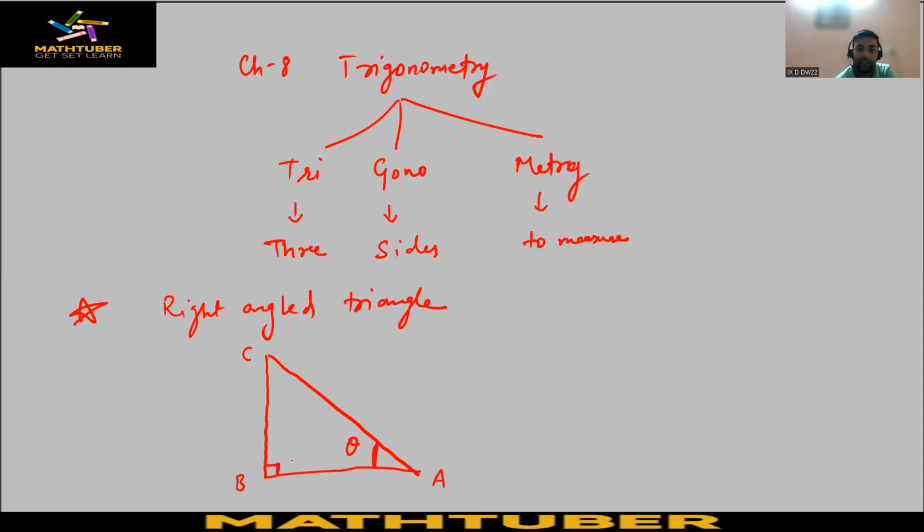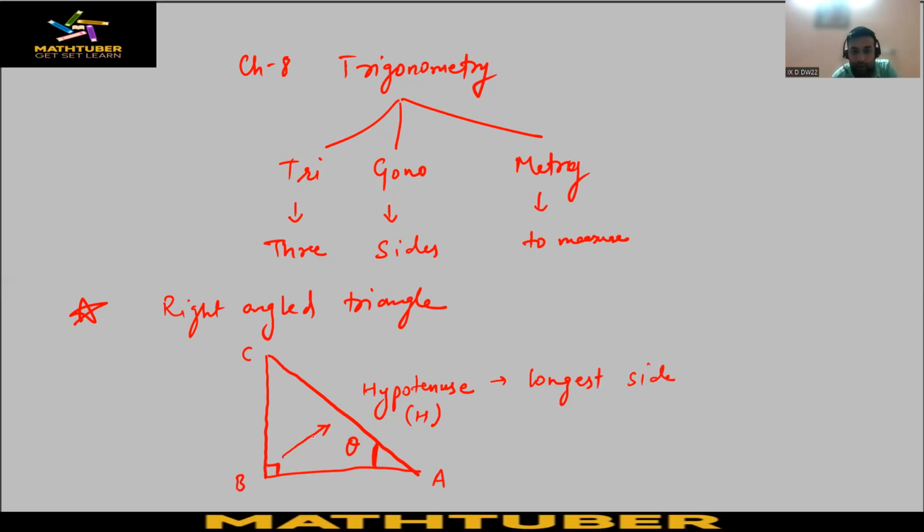This is 90 degree. So we all know that the side opposite to this vertex 90 degree is known as hypotenuse, which is denoted by capital H, and hypotenuse is the longest side of a right angle triangle.